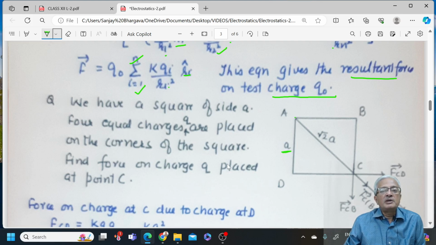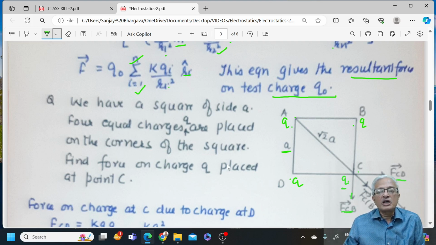The square is ABCD, and 4 equal charges Q are placed at the points A, B, C, and D. We are required to calculate force on the charge Q placed at C. Now, this charge is going to experience force due to the charges at A, B, and D. The direction of the force on C due to B is this way along the line joining, so this gives me FCB.